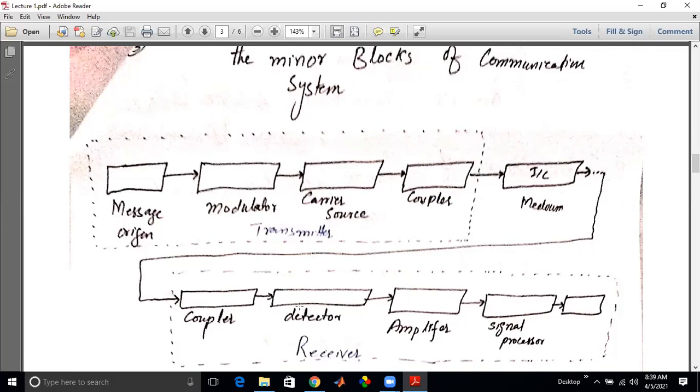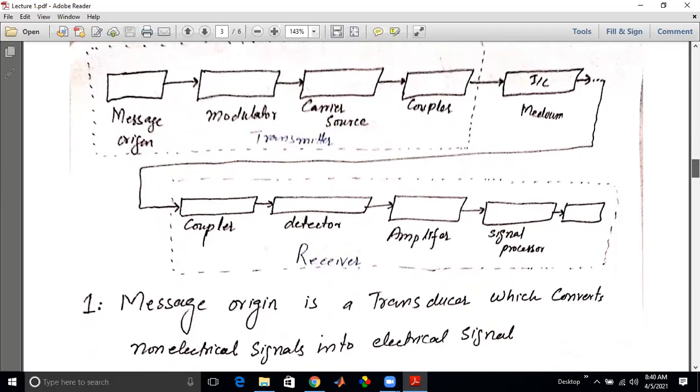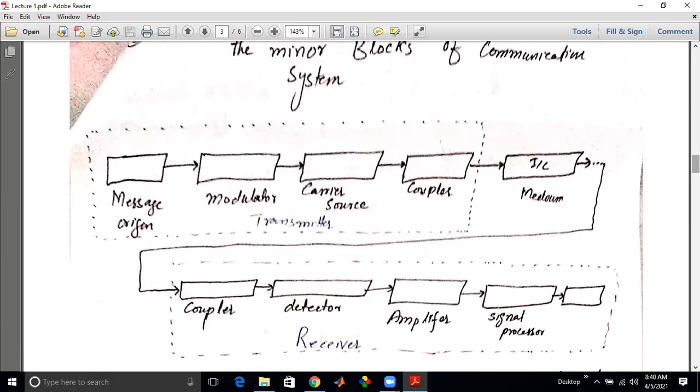Then there will be a detector which detects the signal, and we amplify the signal. There will be a signal processor, which removes the carrier frequency, and then there will be an output block, which gives the output, either audio or video. These are the minor blocks of the communication system.